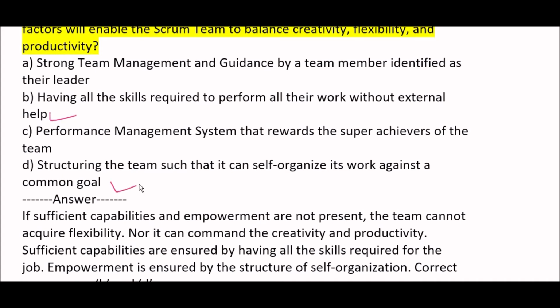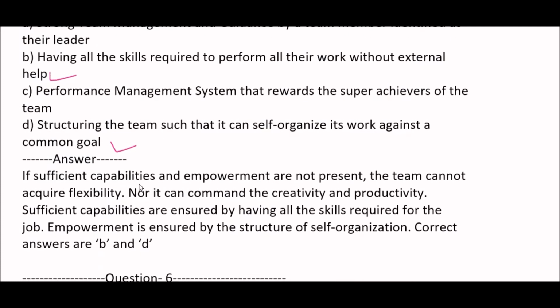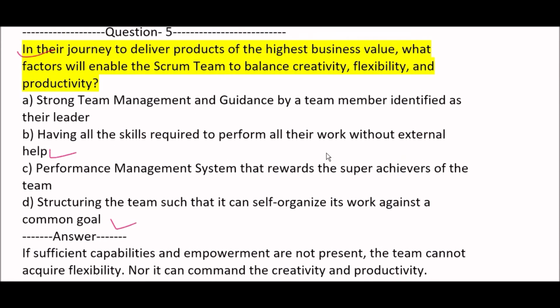If sufficient capabilities and empowerment are not present, the team cannot acquire flexibility, nor can it command its creativity and productivity. Sufficient capabilities are ensured by having all the skills required for the job. Empowerment is ensured by the structure of self-organization. So the correct answer is option B and option D for this question.